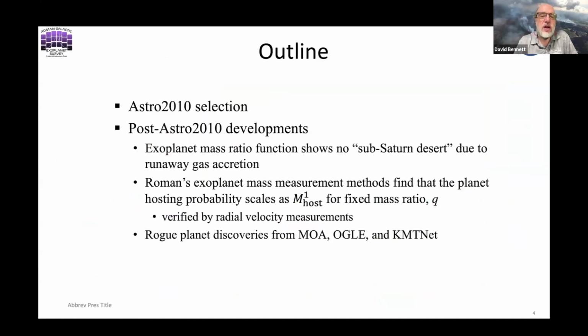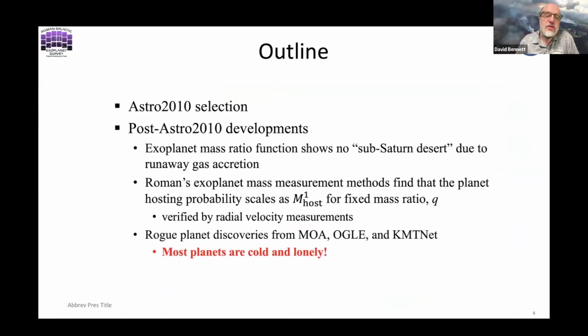All right, so here's an outline. I'm not going to say much about the selection, and then I'm going to focus on post-Astro 2010 developments. Some of these are results from ground-based microlensing surveys that are going to focus some of our efforts when we start getting Roman data.